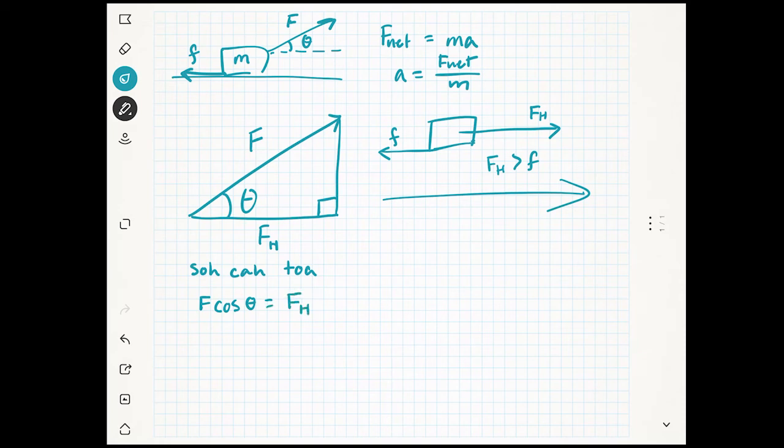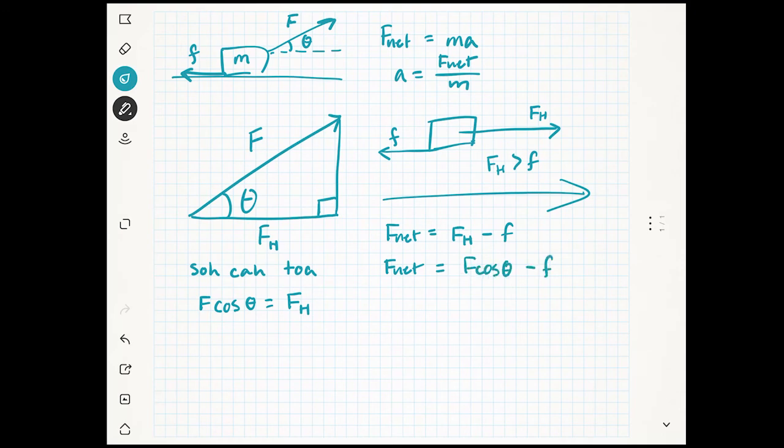Now that we have that, then we can just sub it back into the F net equation, because F net equals FH minus lowercase f. That would give us F net equals F cosine theta minus friction.